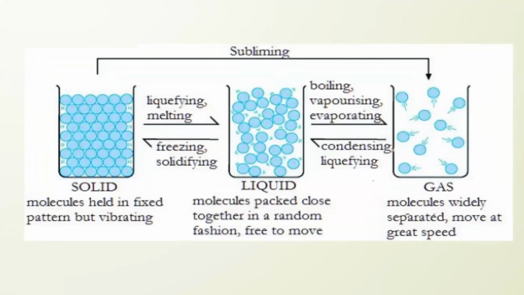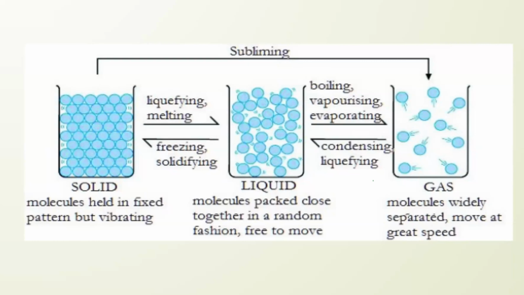Solid to liquid is melting, then liquid to gas is evaporation. The smoke that comes out of a liquid as it burns is called evaporation. Then if we come back from gas to liquid, that is condensing or condensation. And from liquid to solid, we call it freezing or solidifying.